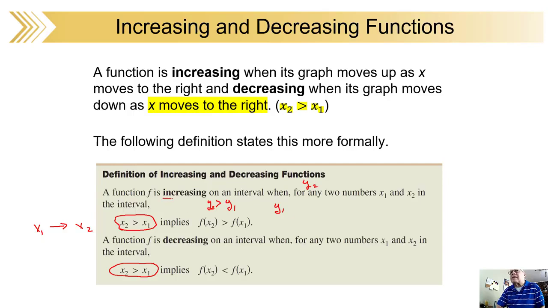If that's the case, then your function f, or whatever you're calling it, is increasing. And on the other hand, if as you scan from left to right, the y values are going from, there's your first y value. If the next y value is lower on the graph, then your function is decreasing. It's just like that.